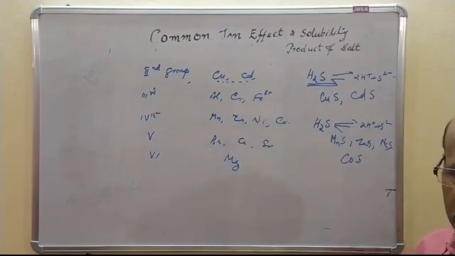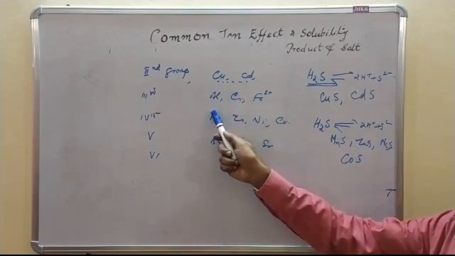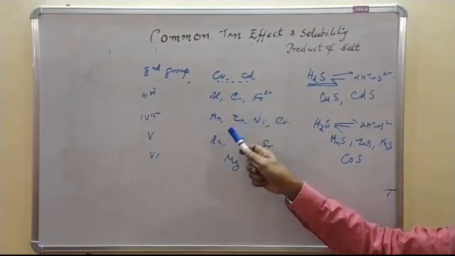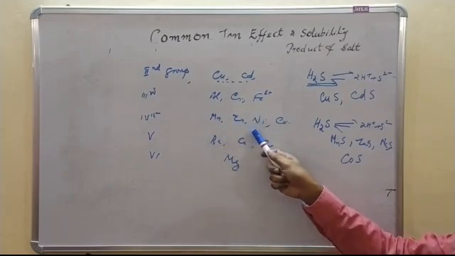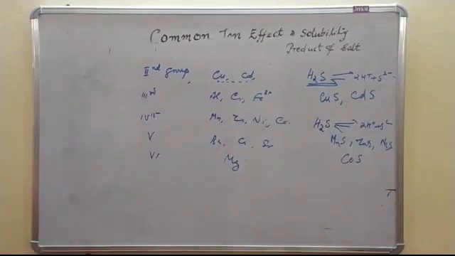And for that, we have to make use of a principle. Similarly, on analyzing the second group, we are never allowed to precipitate the third group metal. While analyzing the third group metal, we never allow the precipitation of the fourth group metal. So here we are employing the principle of common ion effect and solubility product.